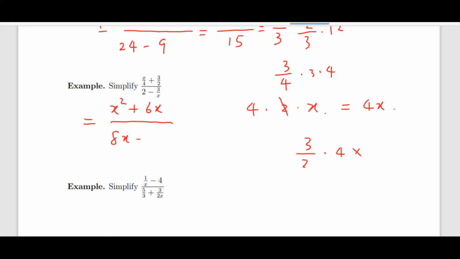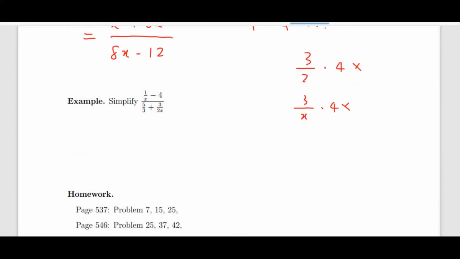And 3 over x multiplied by 4x, cancel x, gives me 12. This one we find x plus, we cannot cancel anymore, so just keep that.